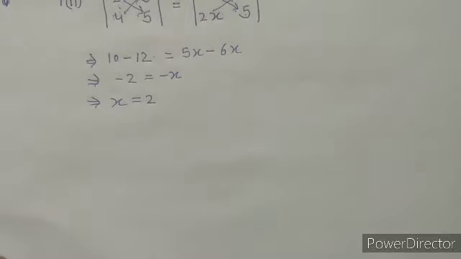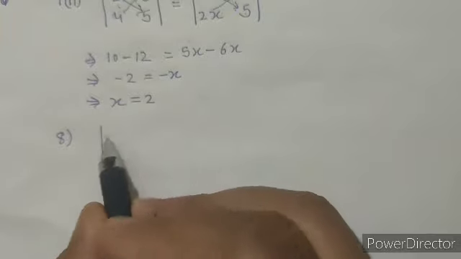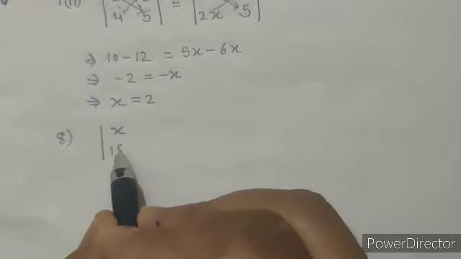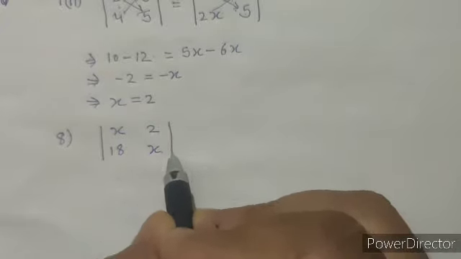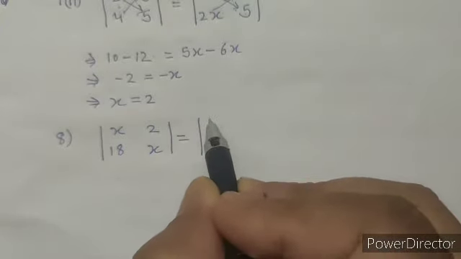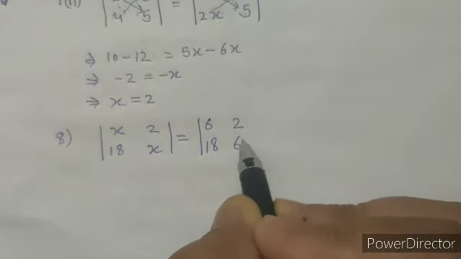Similarly, we can do question number 8, and here the determinant was x 18, 6 x equal to 6 18, 6.